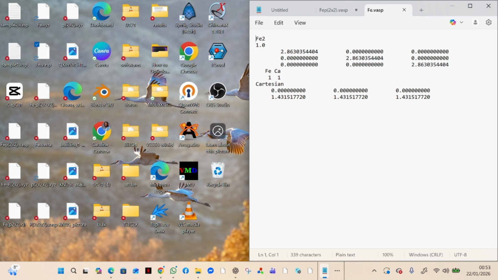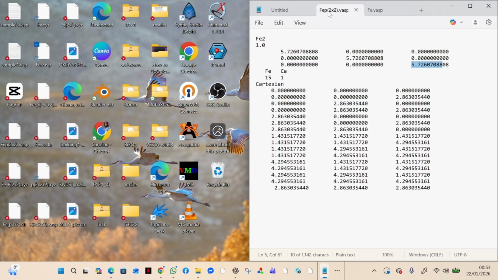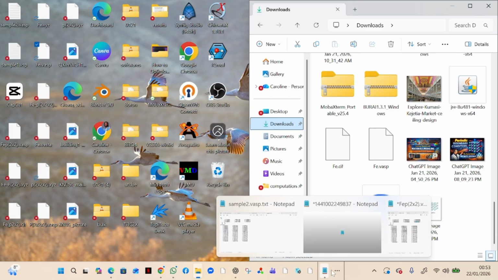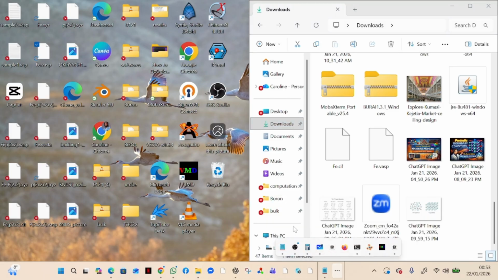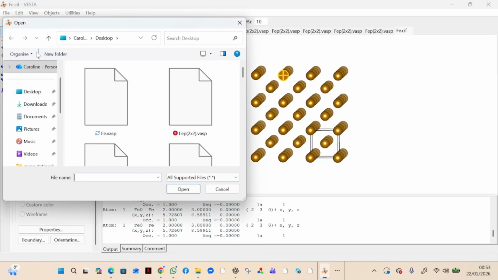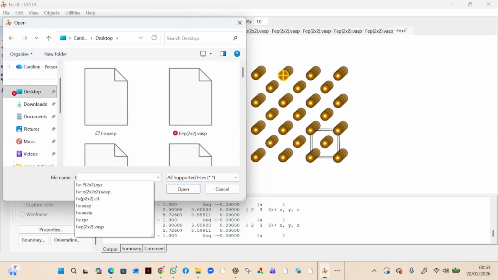And they both have calcium in there as an impurity. So let's visualize to see the difference. So we go to Vesta and let's go to File, Open. I have my files on desktop. So let's open the smaller one first, ion.vasp, and open that.